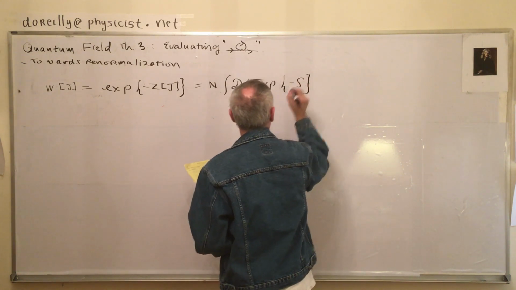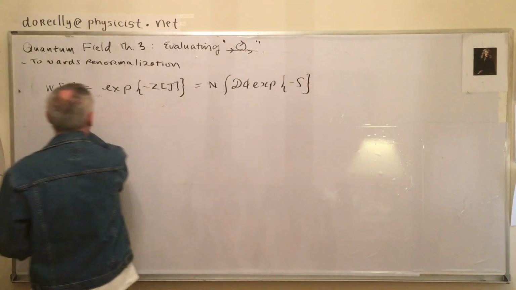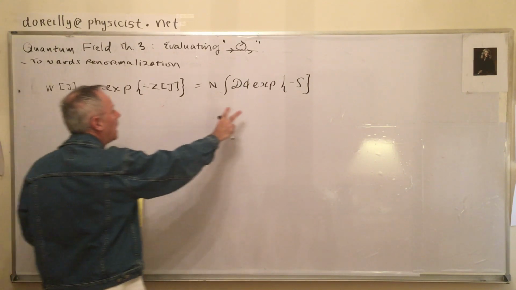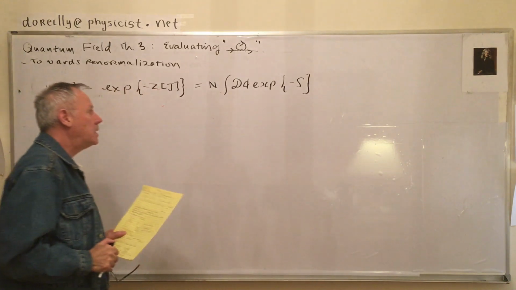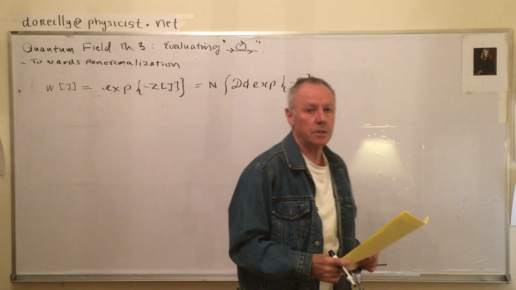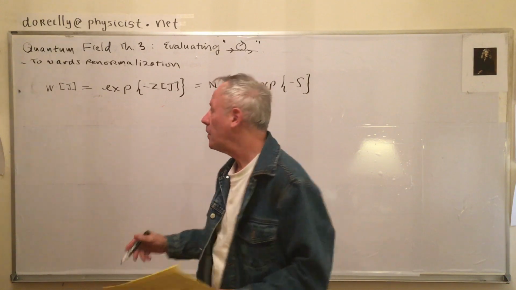Now, I think there's a minus sign there. The general idea is we have a generating function which can be expressed this way too, and it's calculated in terms of the path integral from which you can derive the Green's functions. I'm only doing a 2-point Green's function.